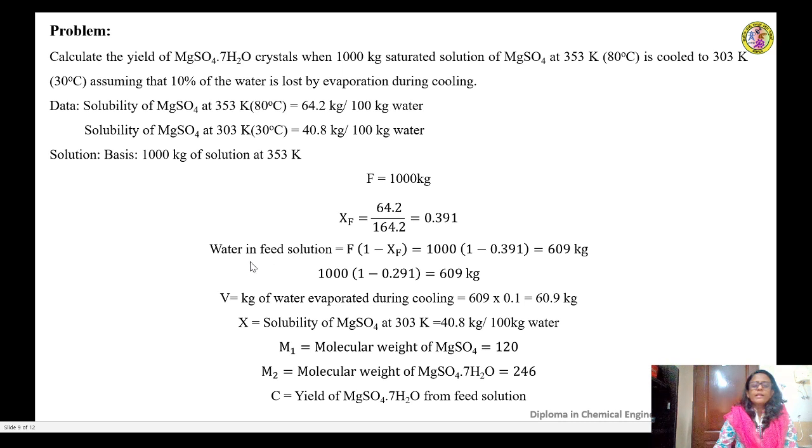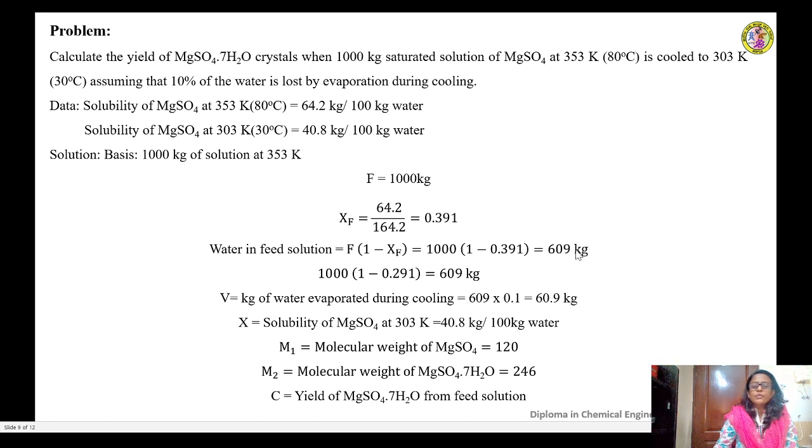So now we can get the amount of water present in the feed solution. You can simply obtain it by 100 minus 39.1, that is 60.9. Another way you can also use: once you know xf, multiply (1 minus xf) with the amount of feed, and that will give you the amount of water present in the feed solution. So 1000, that is F, into (1 minus 0.391) equals 609.